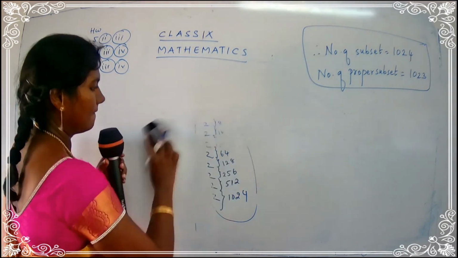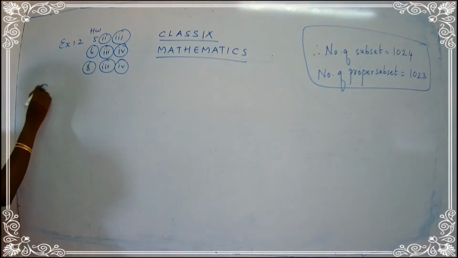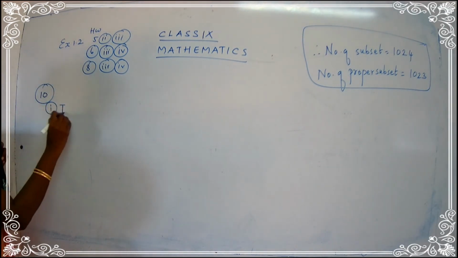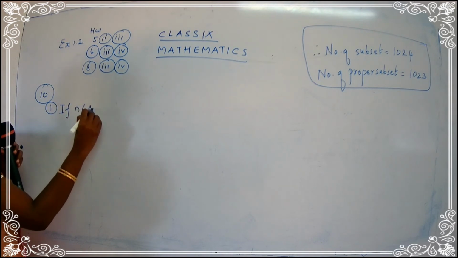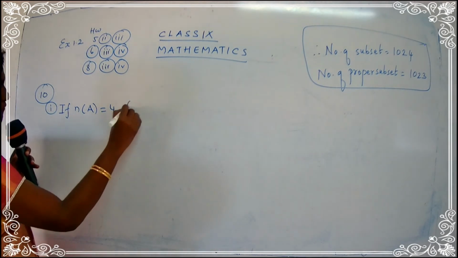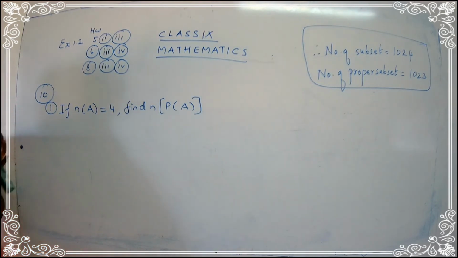So from question number 10, the first subpart. If n of A is equal to 4, find n of P of A. This is a very easy sum.